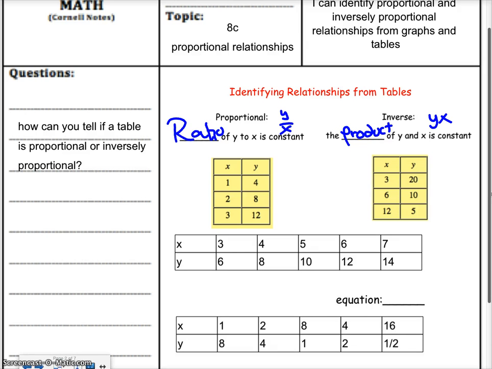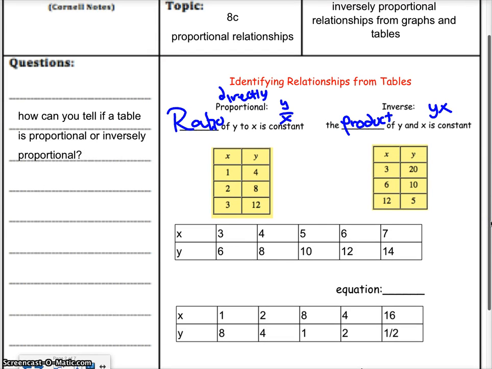So, if they're directly proportional, the ratio is the same. If they're inversely proportional, the product is the same. Then you have to make an equation like you did earlier. So, under here, I would write y equals kx. That's the equation for directly. So you write it down. Inverse is k divided by x.